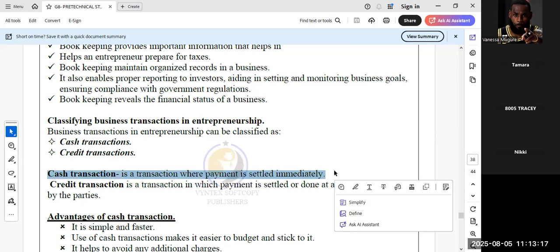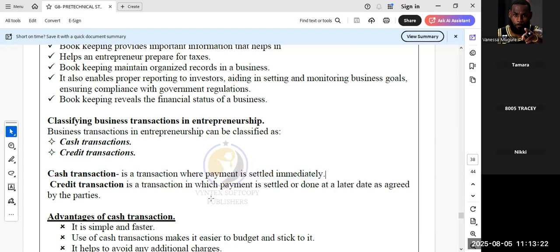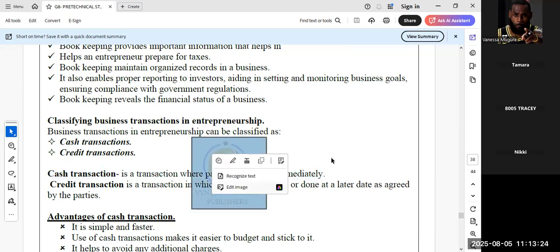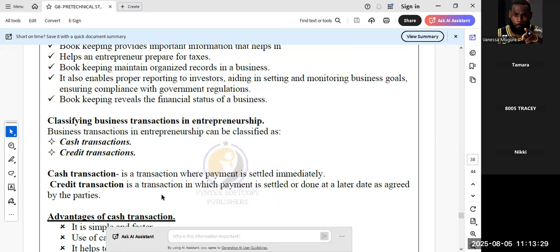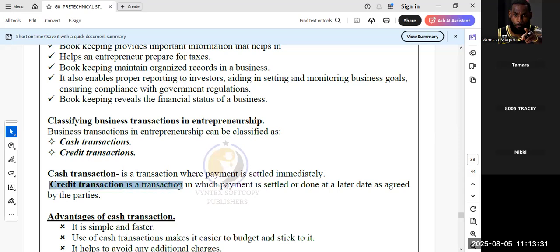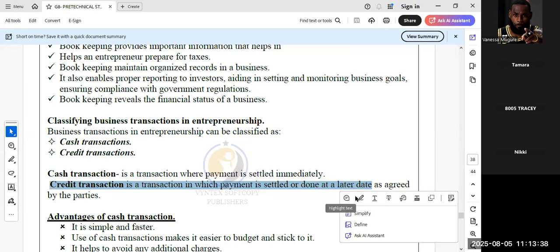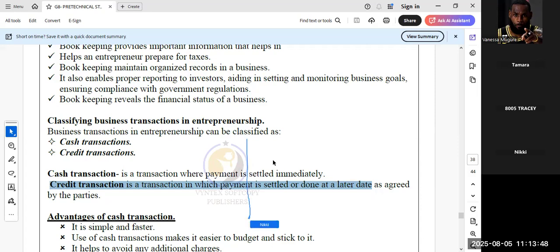You want sugar? Pay, I give you sugar. You want bread? Pay, I give you bread. But when it comes to credit, this is where our customers and clients pay later. A credit transaction is a transaction in which payment is settled at a later date as agreed by the two parties. So credit transactions and cash transactions. We shall be diving deep into these in tomorrow's lesson.